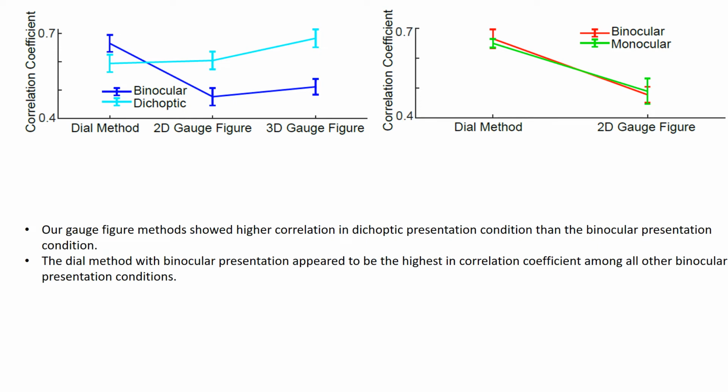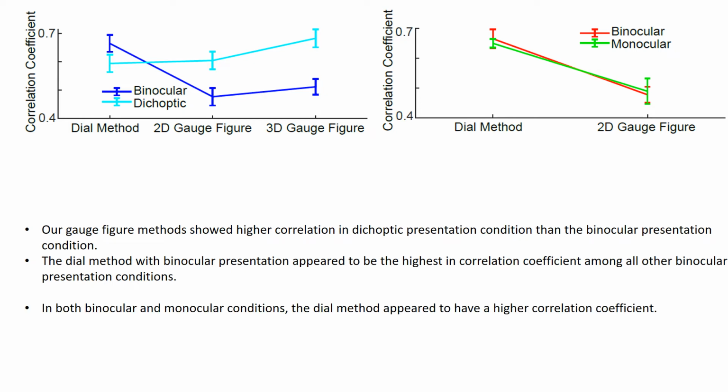The dial method with binocular presentation appeared to be the highest in correlation coefficient among all other binocular presentation conditions. On the right, you can tell in both binocular and monocular conditions, the dial method appeared to have a higher correlation coefficient.